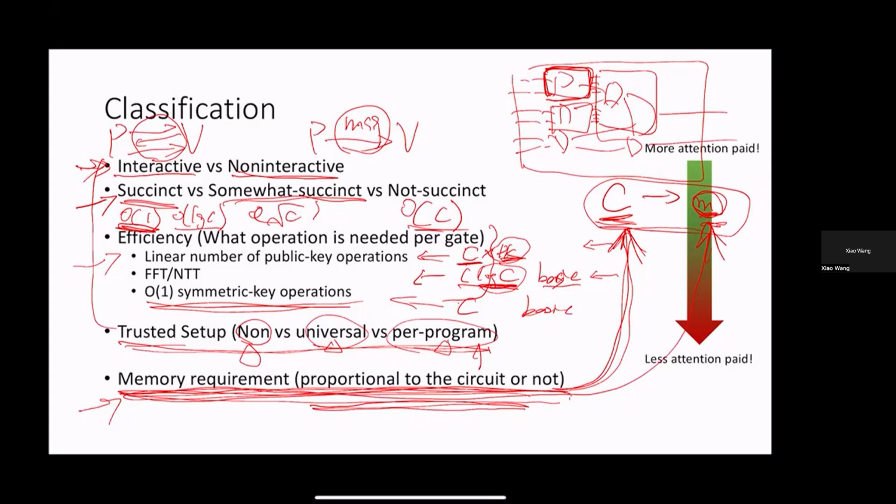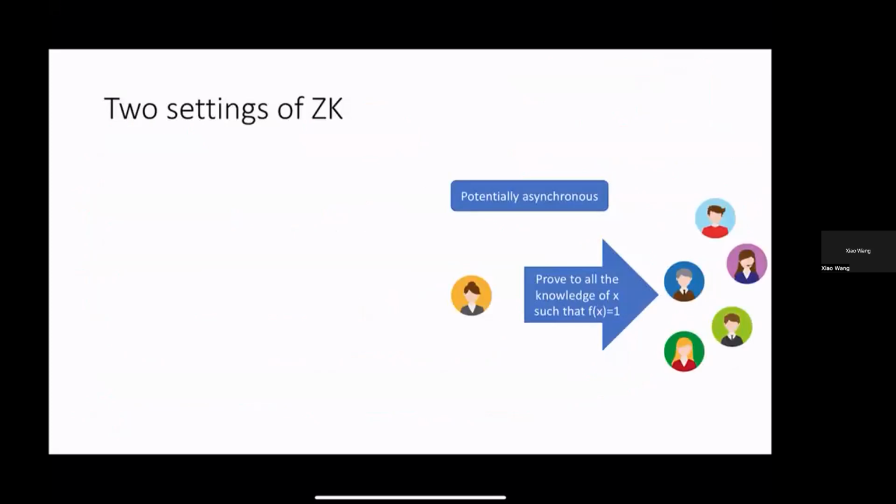Okay, and also there are two settings of zero knowledge related to interactivity. On the first side, it's potentially asynchronous, in the sense that the prover may want to prove the predicate f to a big set of parties.